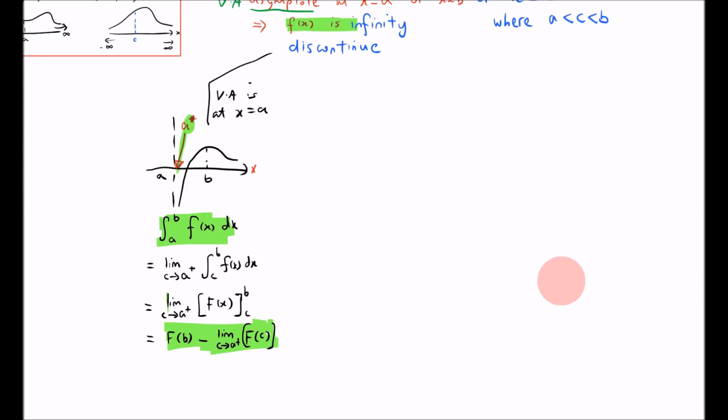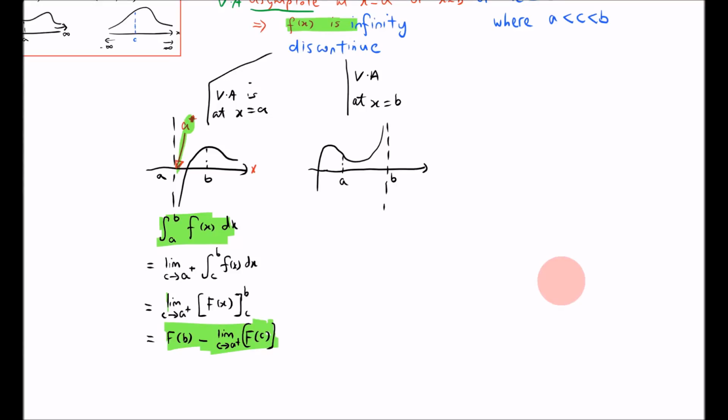Next we will consider your vertical asymptote at x equals b, which is one of the endpoints in your interval. So we draw the graph. x equals b maybe is here, it could be like that, and your a is here.